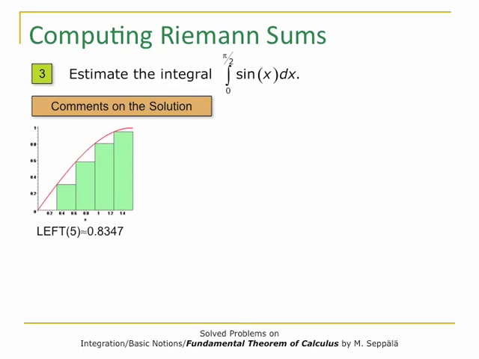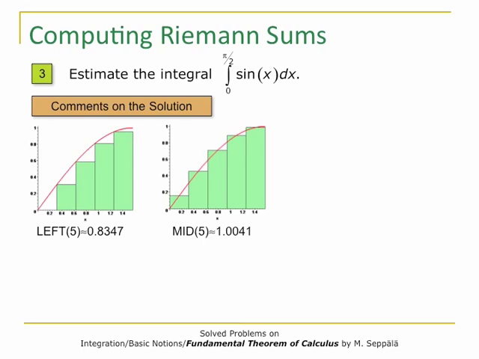The combined area of the green rectangles is fully included in the area of the domain under the graph of sine of x, and something is left out. Therefore, this left approximation is going to be less than the actual area of the domain under the graph of sine of x.